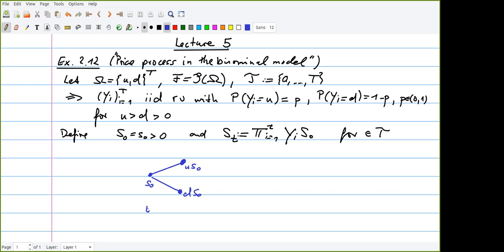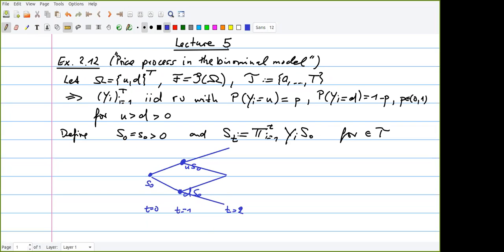This is t equal to 0, this is t equal to 1, and just to make another time step, this is t equal to 2. So we go either up again or we go down, or the same, go up or down.